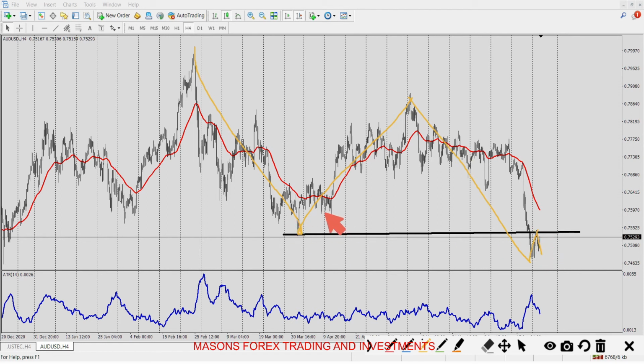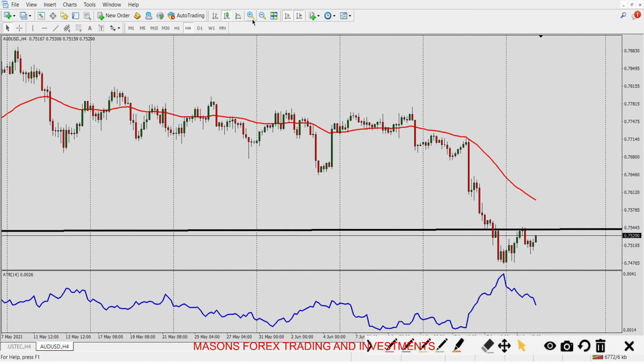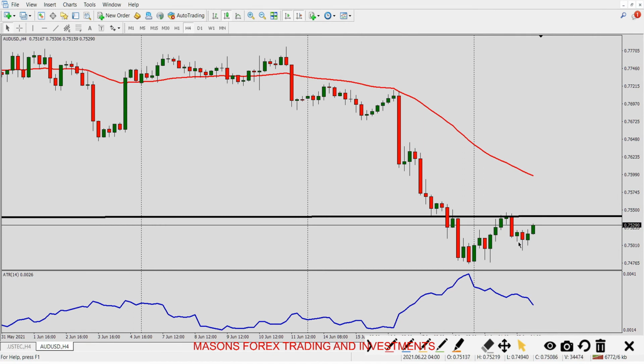We can now say S for support and R for resistance. Support now changes into resistance. In our case, we once again have a 3-bar reversal signal.